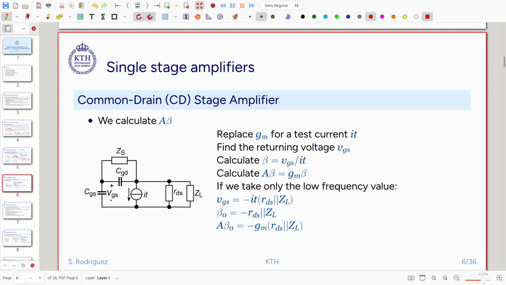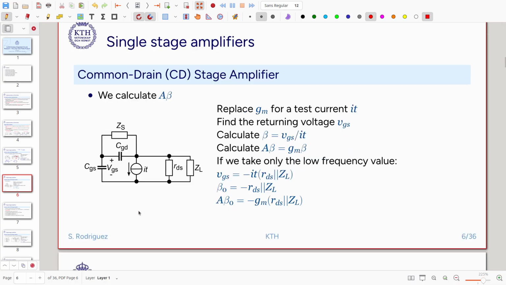Now we calculate the VGS voltage, and normally the calculations are very simple. There is no special technique that is required. Typically it's current dividers and simple voltage dividers that need to be calculated. So here we're going to calculate the current that passes through this branch. We have this current flowing from this node to this one.